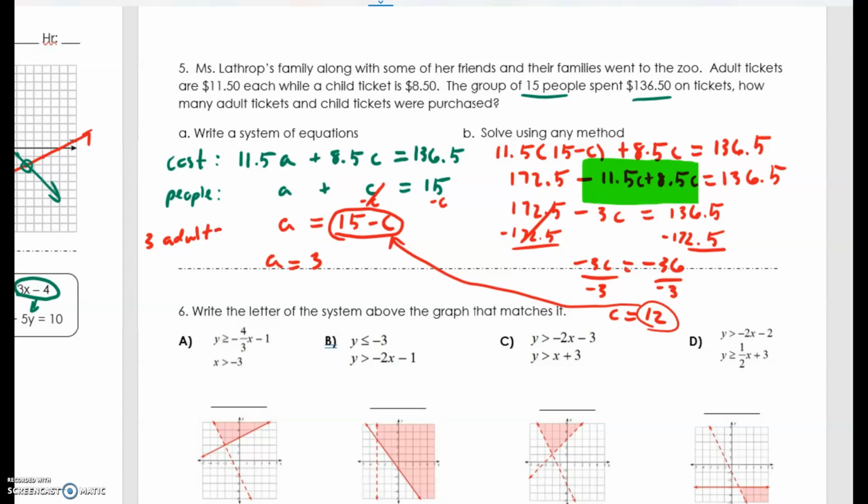There's 3 adult tickets that were purchased. So 3 adults and 12 children. Now, once again, I used substitution. Elimination would have worked fine and probably a little quicker, but I wanted to practice substitution with you.